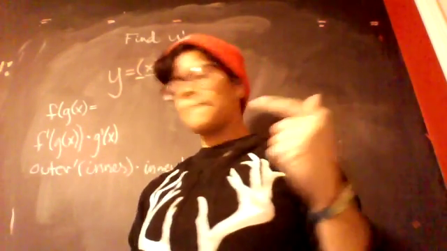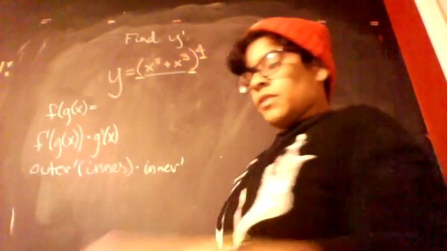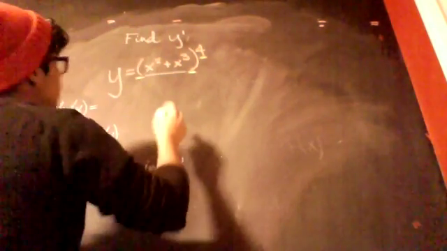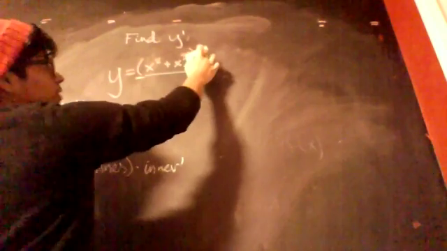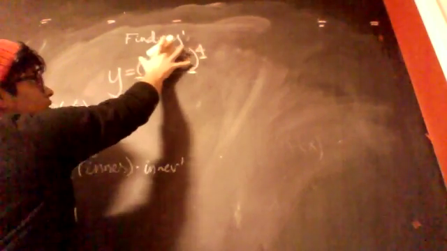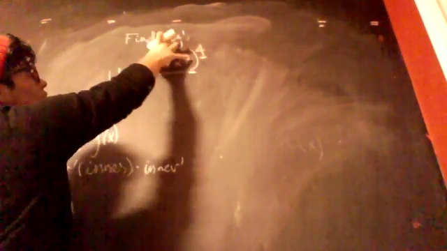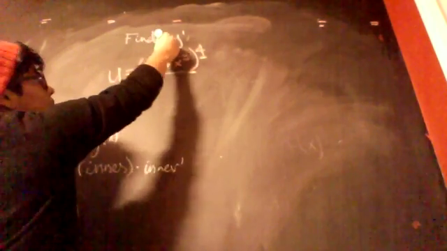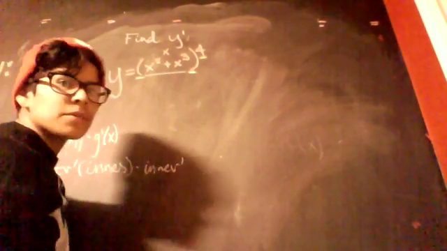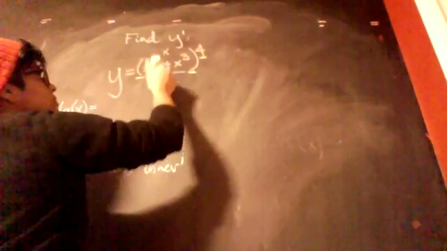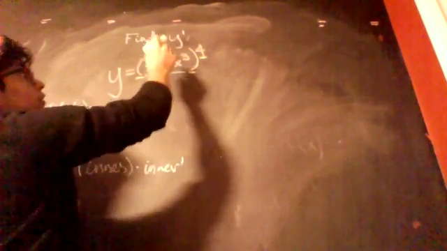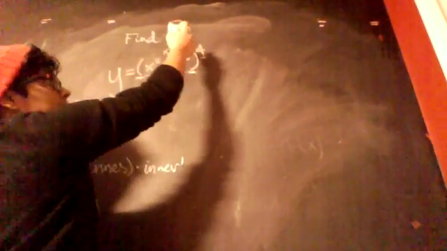Alright, so we're going to take the derivative of the outer. If we consider all of the stuff inside the parentheses to just be x, like we're substituting kind of, then the derivative of the outer term would be like we're finding the derivative of x to the fourth.